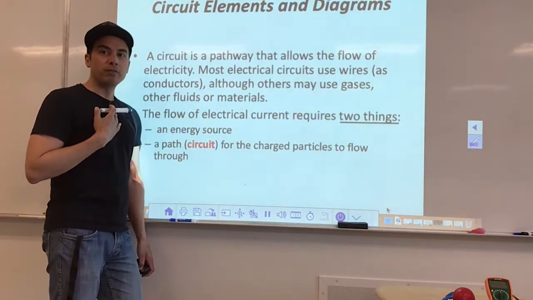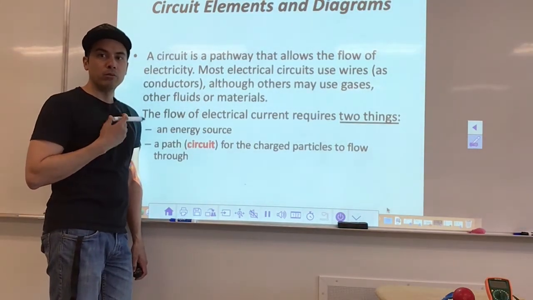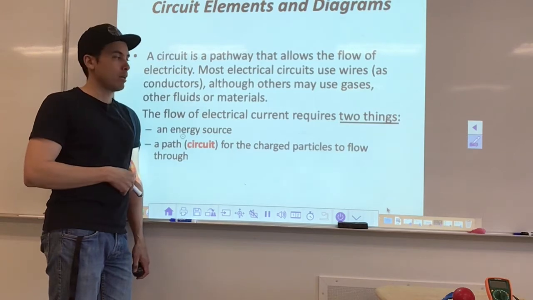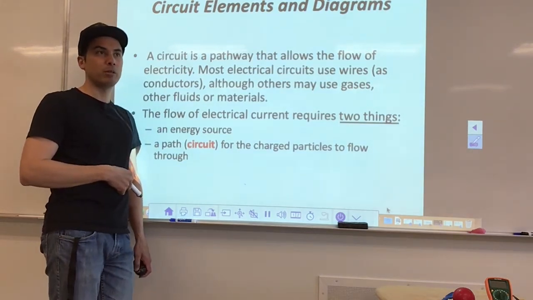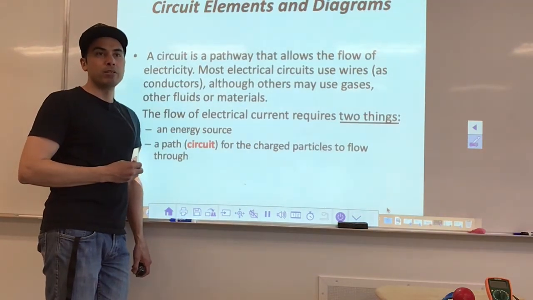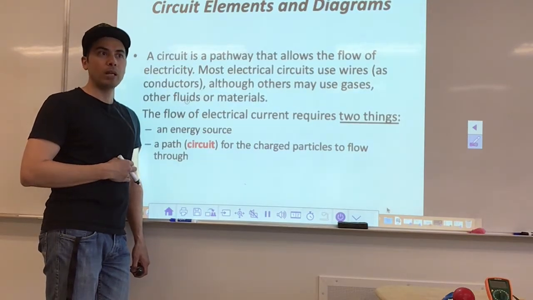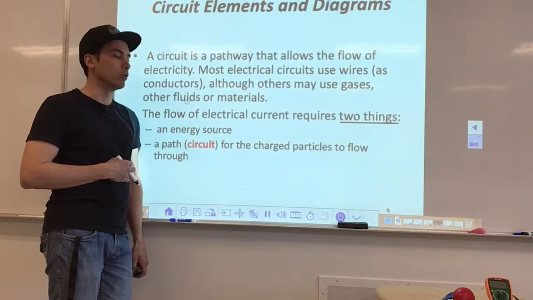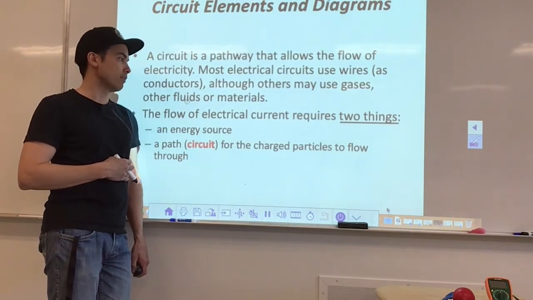And so typically for our pathways, we're using wires as conductors, made up of materials like metals, which we also talked about in chemistry and a little bit in our last topic. Metals provide the most efficient ways for electrons to travel and flow in our everyday life.